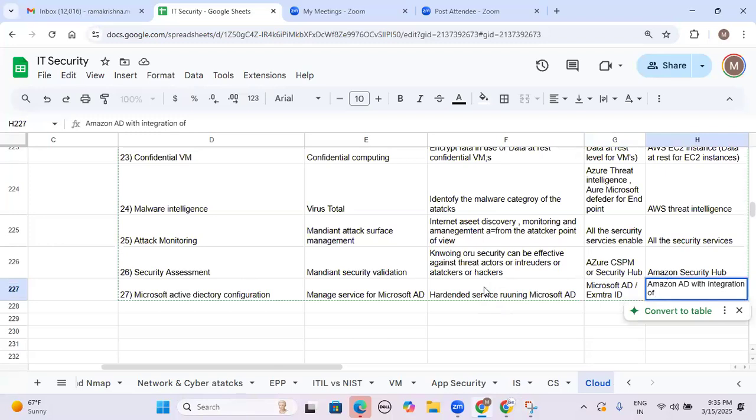Integration of Microsoft Active Directory.